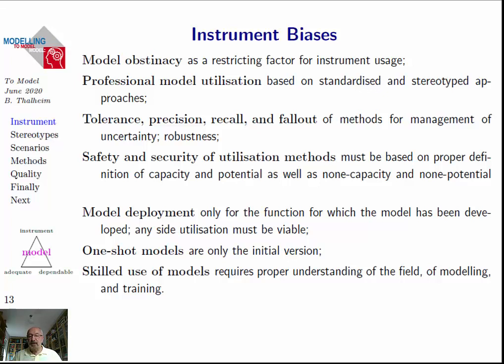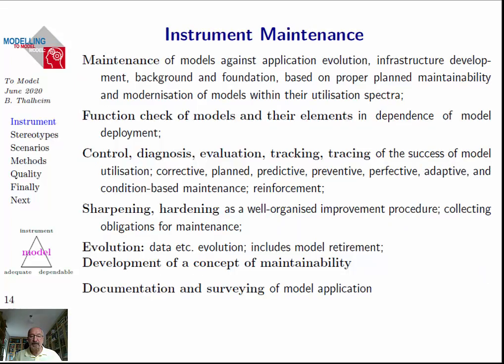We would like to have also a skilled use of models. That means in this case we need to have a proper understanding of the field of modeling and a proper training. Instruments must be maintained. For this reason we have to maintain the model in order to use it really in a proper way as an instrument.